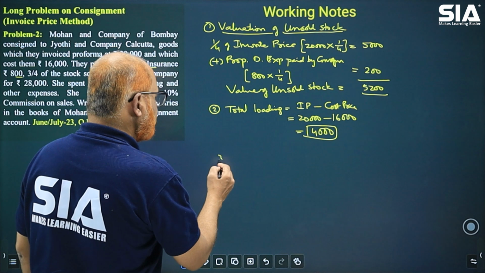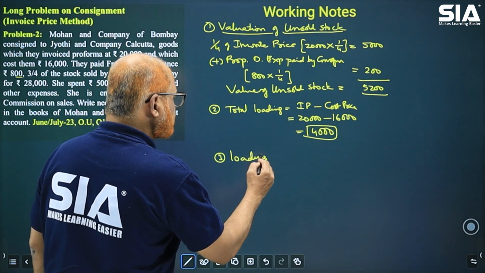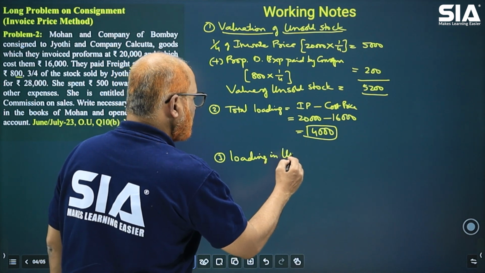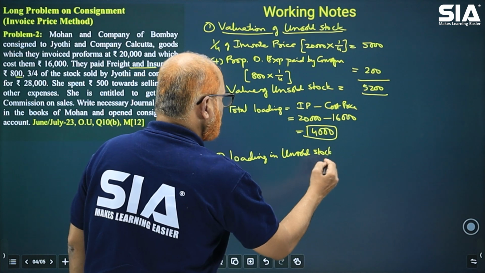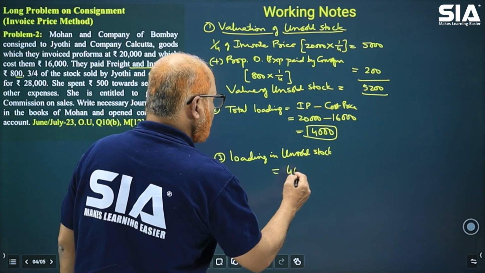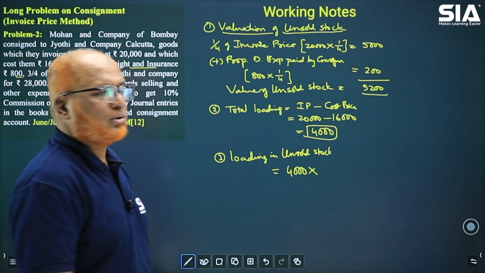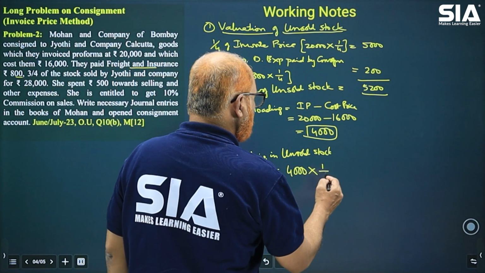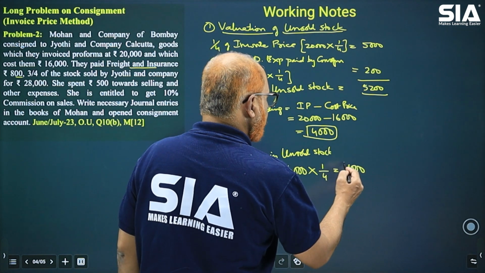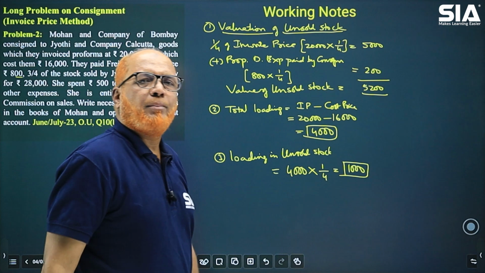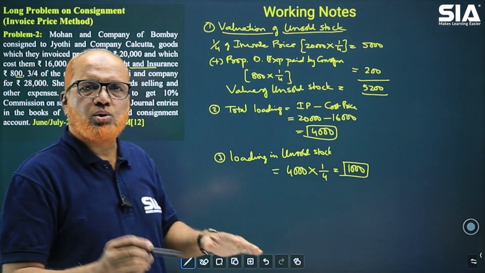Now, third, loading in unsold stock is equal to total loading 4,000. How much goods are remaining unsold? 1/4 of the goods. So 4,000 into 1/4 is equal to 1,000. Remember, 4,000 is the total loading and 1,000 is the loading in unsold stock.